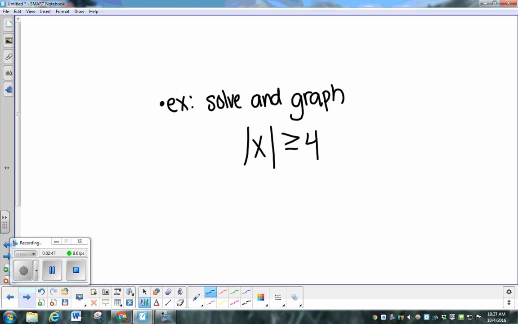So keep in mind that this means the distance from x to 0 is greater than or equal to 4.